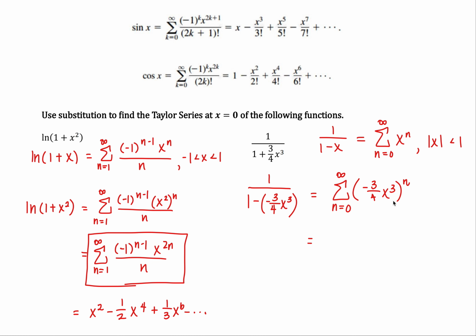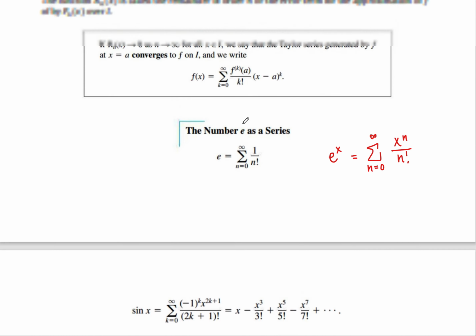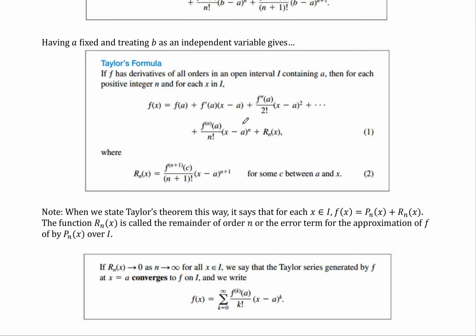And we can break this into pieces, if you will, so I can rewrite this as negative 1 to the n power, 3/4 to the n power, and then x to the 3n power. So there would be our series. And again, we're looking at a simplified version. The 0 here is referring back, let me scroll back, to that value of a.